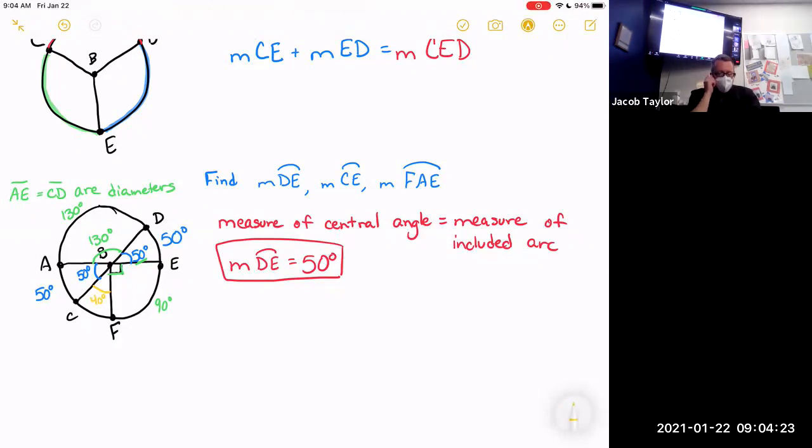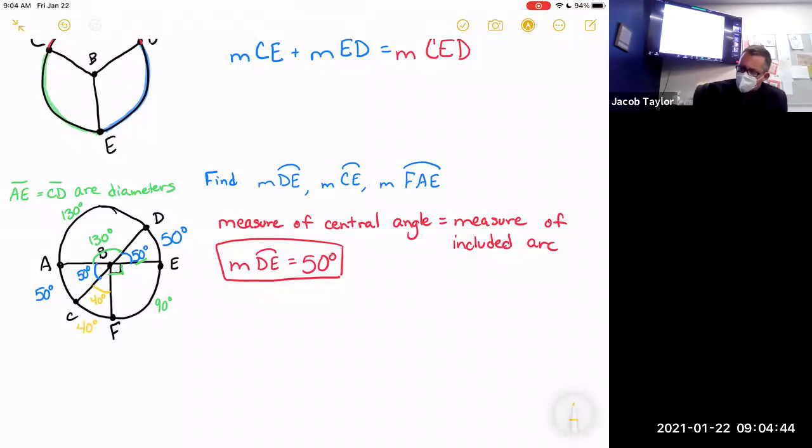It's complementary. ABF is 90 degrees. So that'd be complementary. The other way that you could figure it out, which is not as easy as complementary angles, is by subtracting all the angles you already know from 360 because the circle has 360 total degrees. So that would work also.